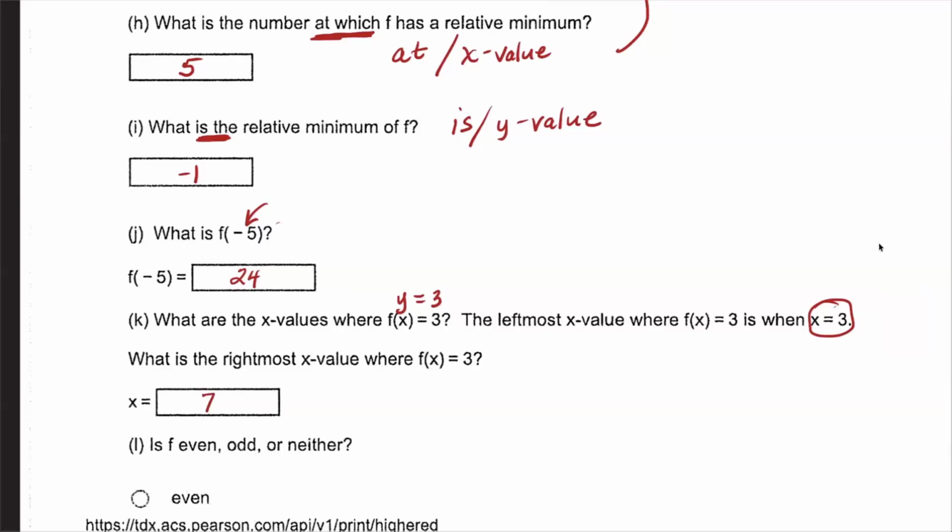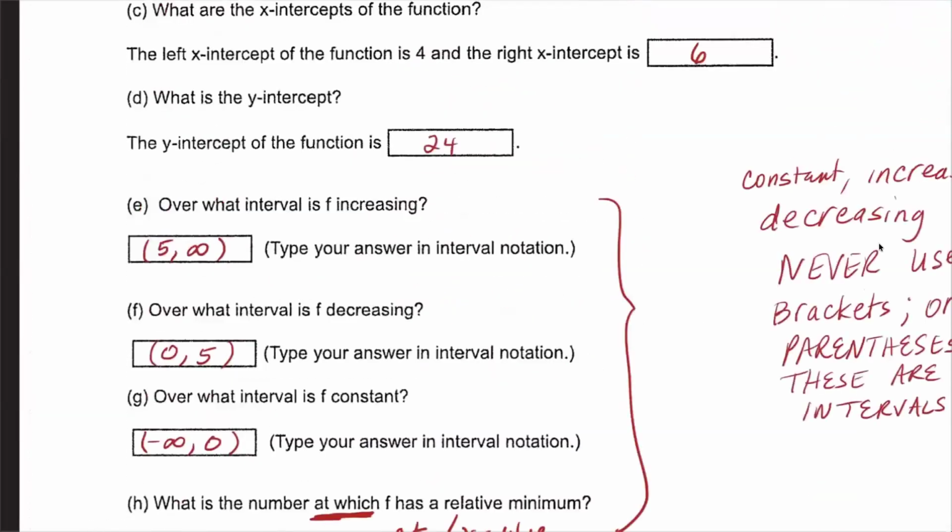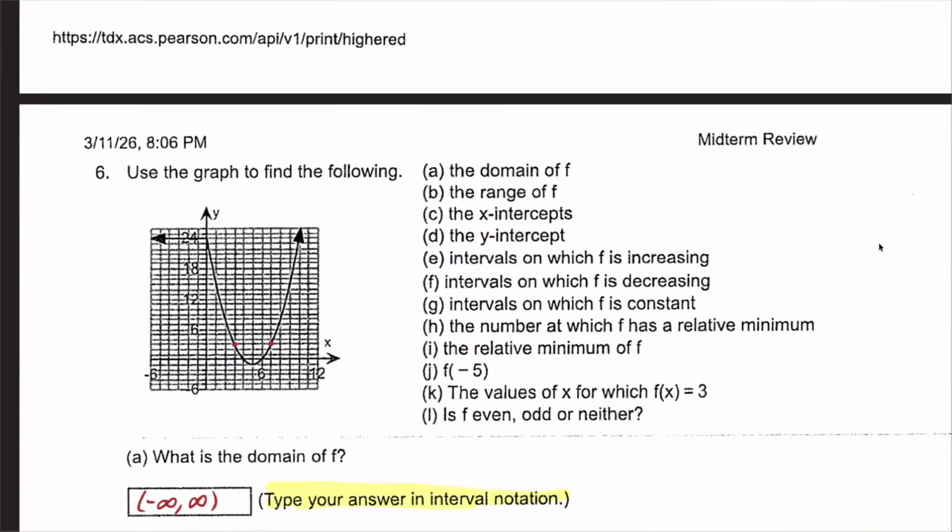And is the function even or odd or neither? Well, an even function is a mirror reflection about the y-axis. It's symmetric about the y-axis. It looks the exact same on the right side of the y-axis as it does on the left side. This graph doesn't look like that. All right. A function that is odd will be symmetric about the origin, which means if you rotate it first over the y-axis and then over the x-axis, it would be the exact same graph.